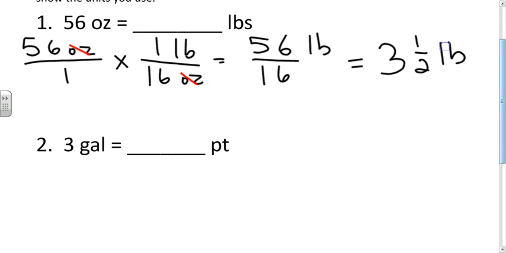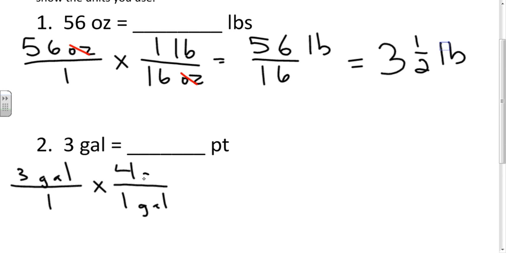Next, I want to go from gallons to pints. So I'm going to start off with my units here, 3 gallons over 1. I know that 1 gallon is 4 quarts. But I need to get to pints, so I have to convert here.